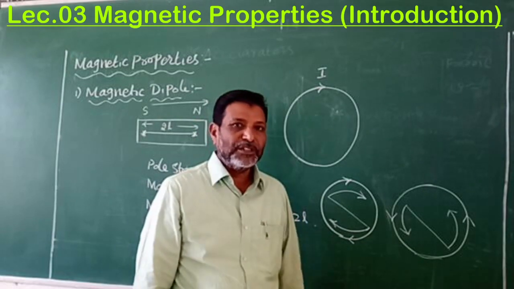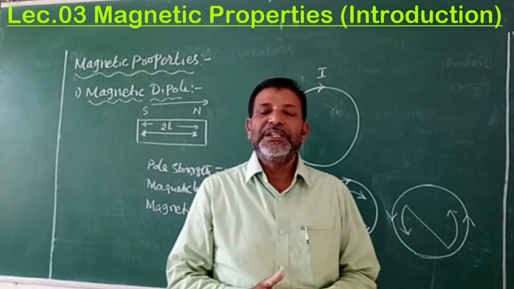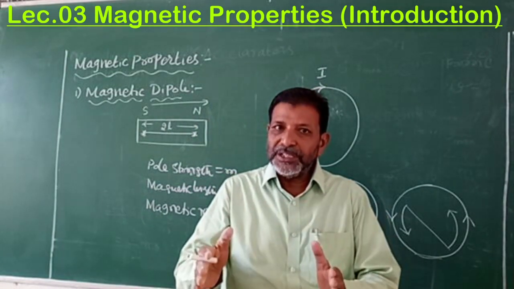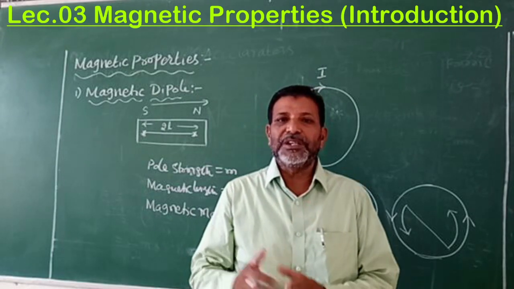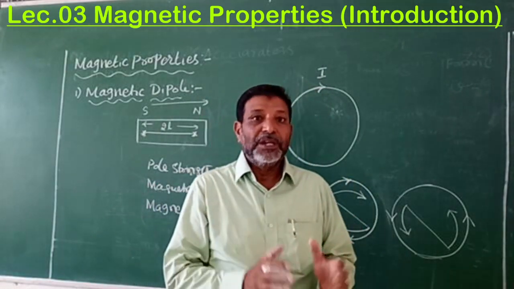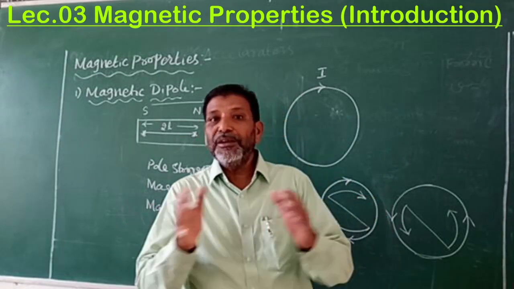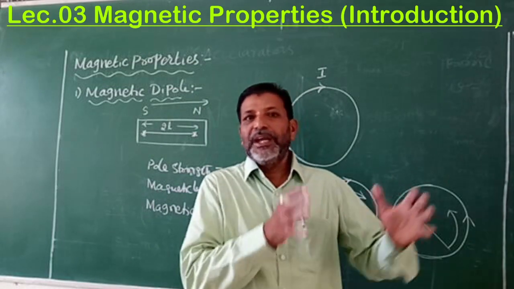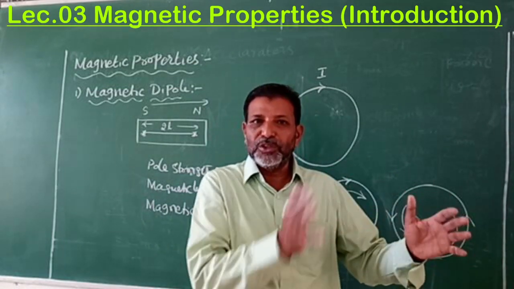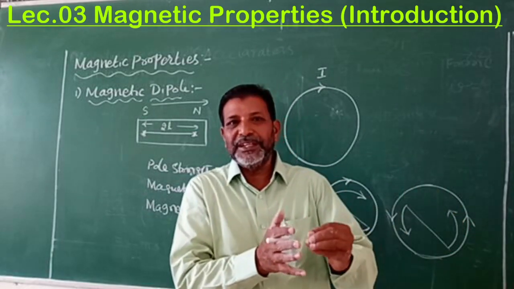Now, for your information, in your studies you have come across electricity as well as magnetism. There is not much difference between electricity and magnetism. In magnetism you have two poles, north pole and south pole. North pole is taken as positive, south pole is taken as negative.